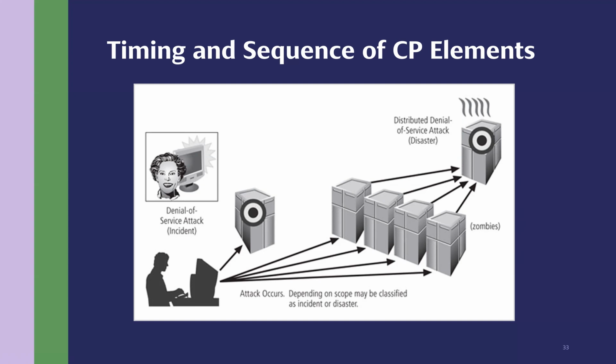In this diagram, we can see the attack has happened on a single system, which is a denial of service attack. But if the attack comes from multiple servers, then it is actually a distributed denial of service attack, and based on that you need to follow your contingency planning.